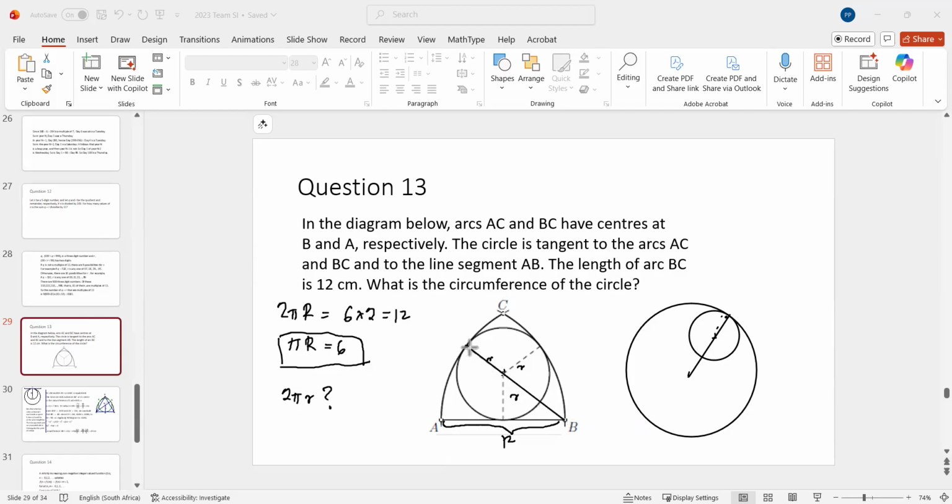These 3 points lie on the same straight line. And the same thing with this. If I join this, all right, so you got this is small r.